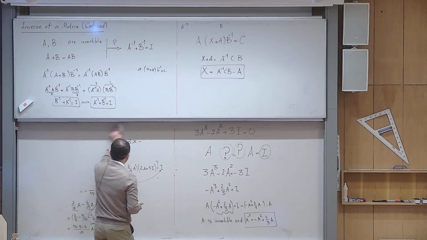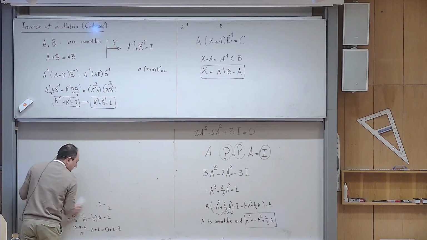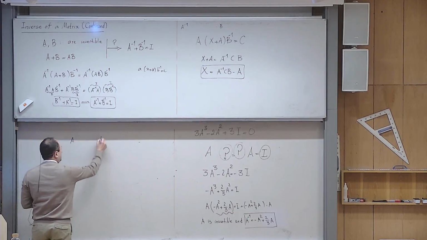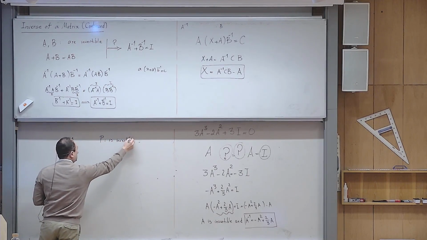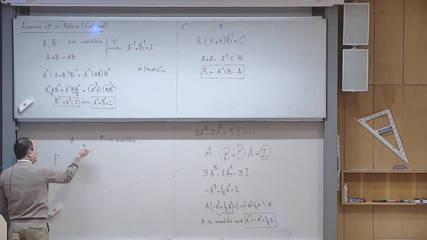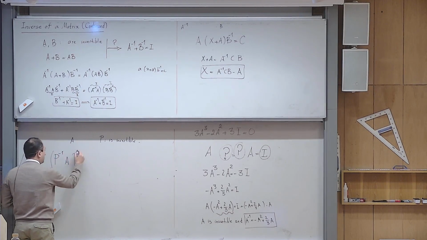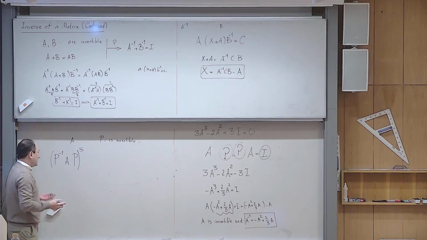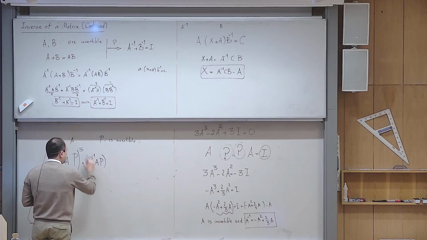Okay, but before doing mathematical induction, let us try to understand what is going on. This tells me that if I have a matrix A, and P is invertible, then if you take P inverse, which is guaranteed to exist, and multiply it by A and by P itself, and you decide, for example, to raise it to power 3, it means that you have to multiply the same matrix 3 times.